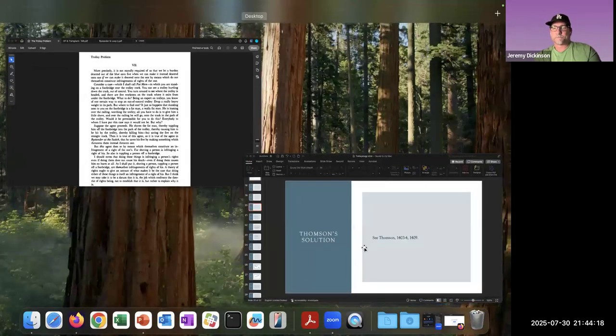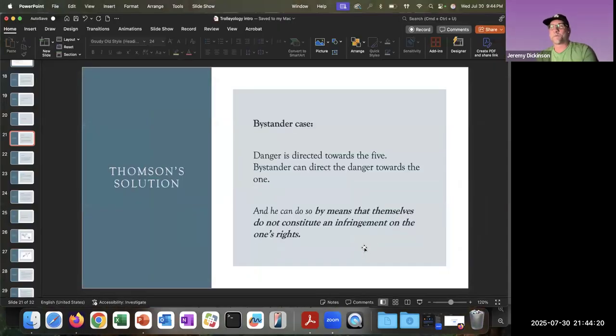Back to the slides here. You get a flavor of it there, but let's see if we can understand it a bit more, because I know it is a bit heady. So the bystander case: danger is directed toward the 5. We know that. And the bystander can direct the danger towards the 1. That'd be acceptable. And we know he can direct the danger towards the 1 because he has a switch available.